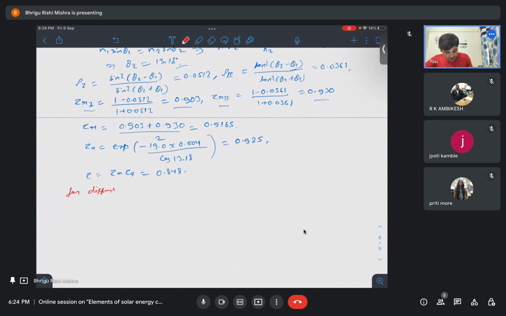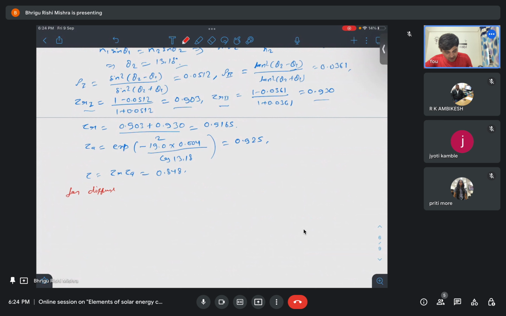This is the standard value for a single glass cover. When there are two glass covers, it is around 0.21 or 0.23. So rho d equals 0.144, and this is for the beam radiation.